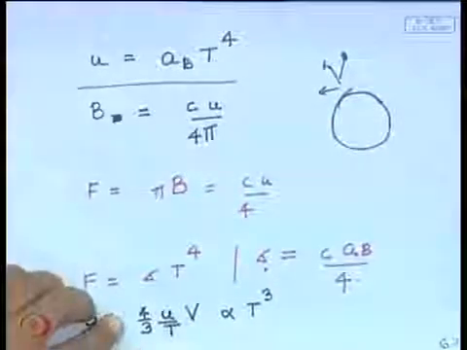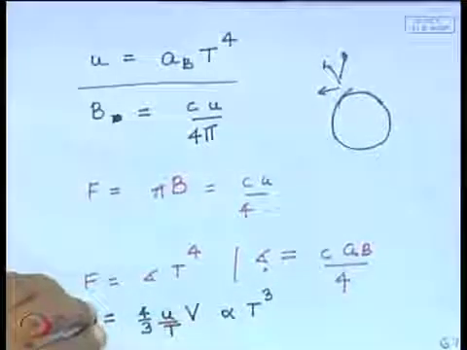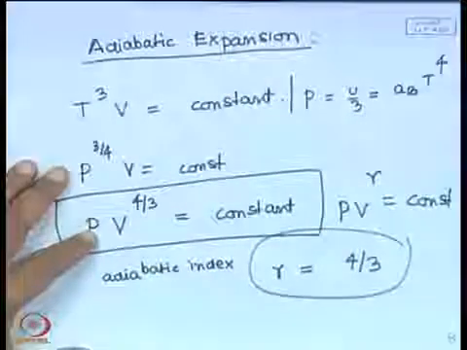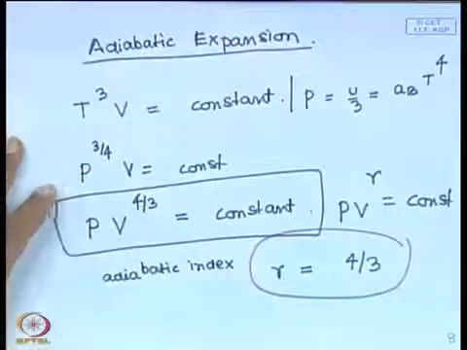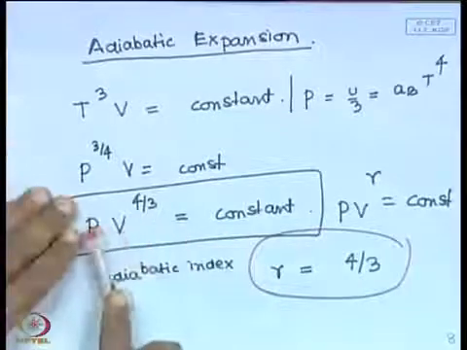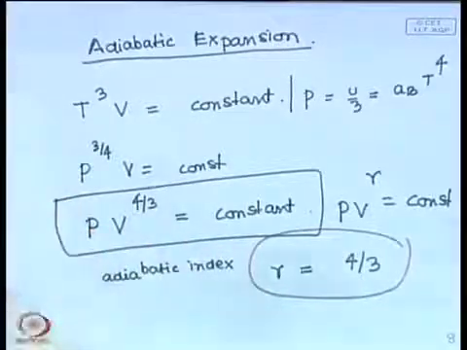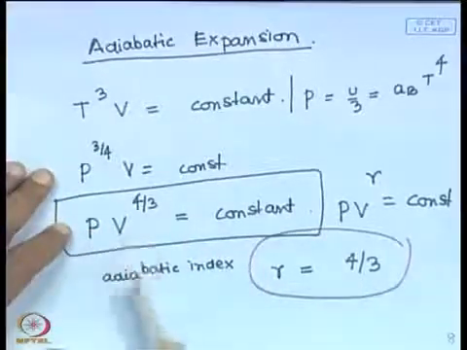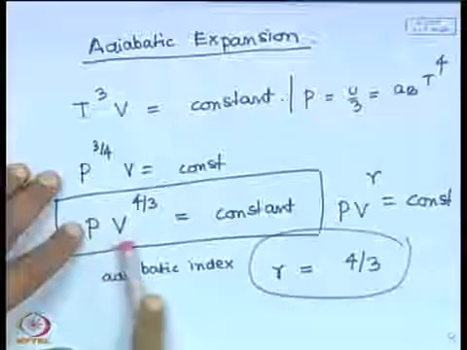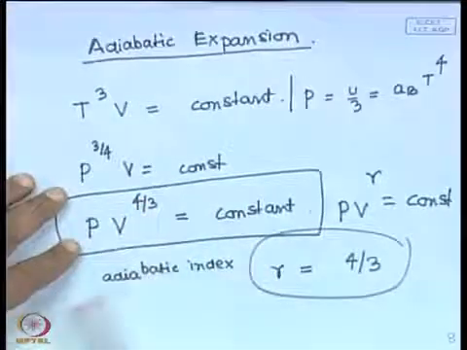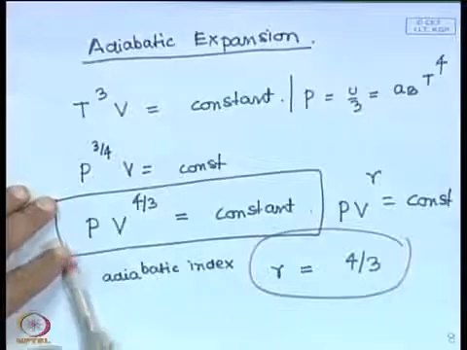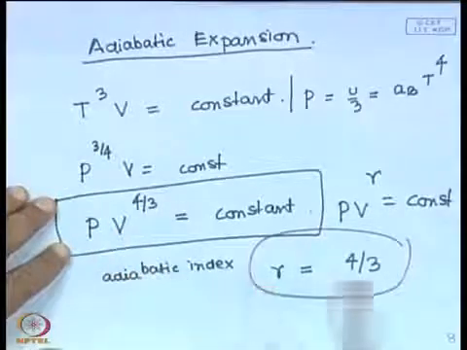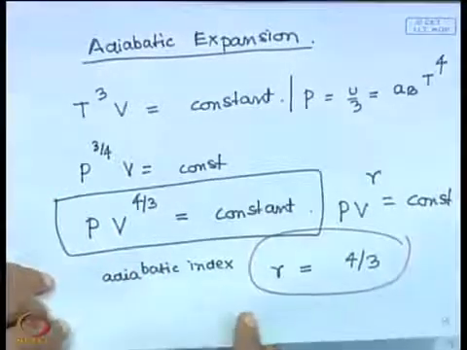So, the entropy density is 4/3 energy density by T. After that we also looked at what happens when you have adiabatic expansion of radiation, and we saw that for radiation which is made to expand or contract adiabatically, PV to the power 4/3 is a constant. So, radiation behaves like an adiabatic medium with adiabatic index 4/3.